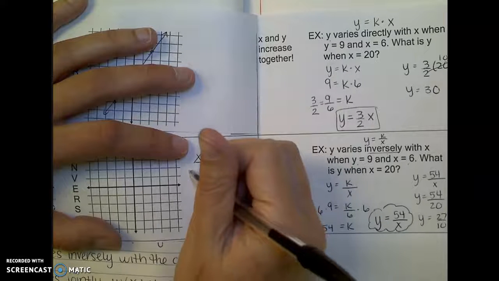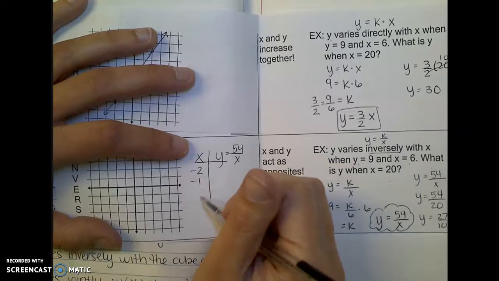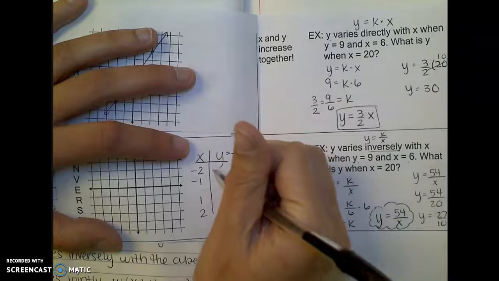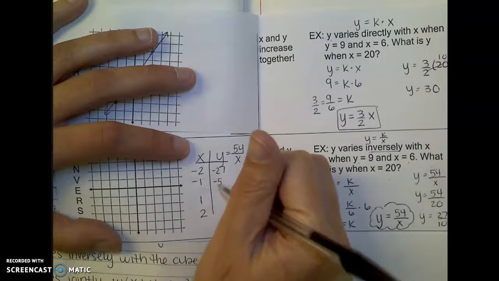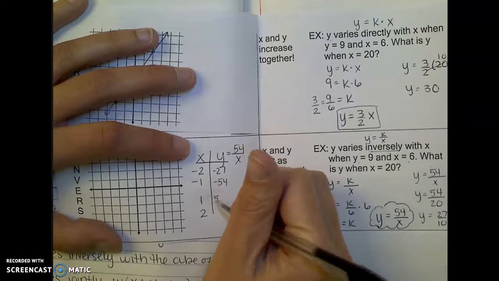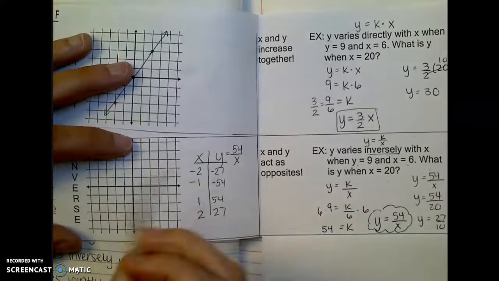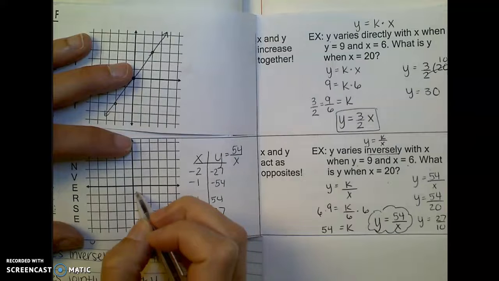I could do -1. I can't do 0. But I can do 1 and I can do 2. So if I plug those in, like here I get -27, -54, 54, and 27.